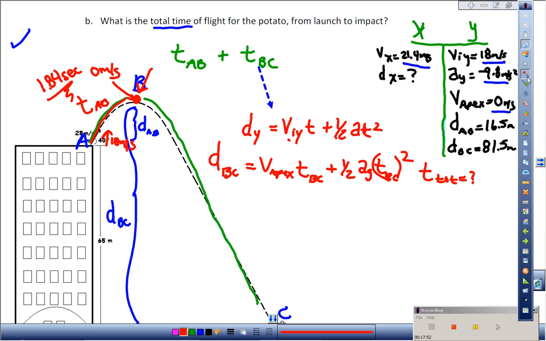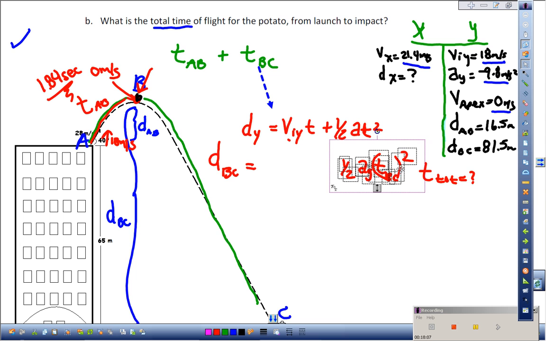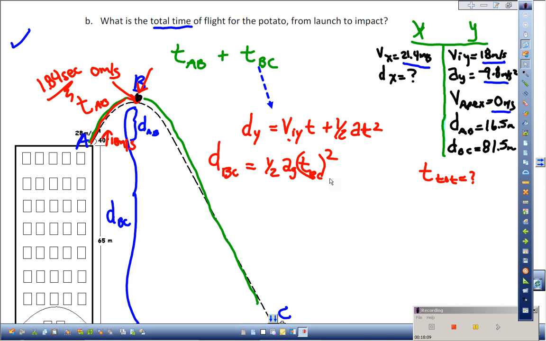Well, in this case, my initial velocity is 0 because I'm starting at this point. So this whole entire term goes away, which ends up being really convenient for us, because now we're just left with the distance from B to C in the vertical direction is equal to 1/2 a t from B to C squared. So I'm going to solve to get t all alone by itself.